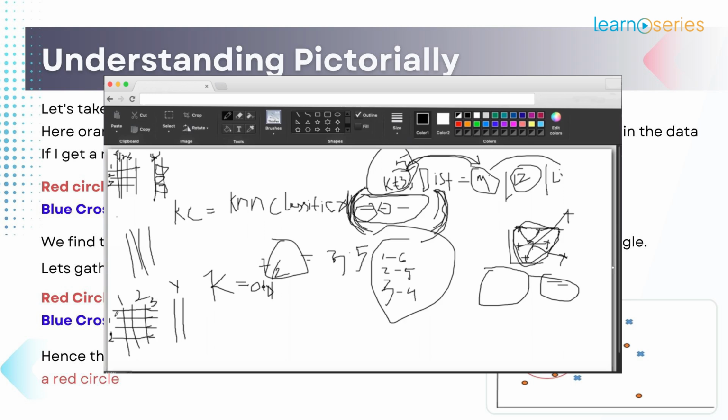Here the first thing you have got is the income of a person. Income is the first attribute, and the second attribute is the years of experience. The third one is whether that person has a credit card or not.